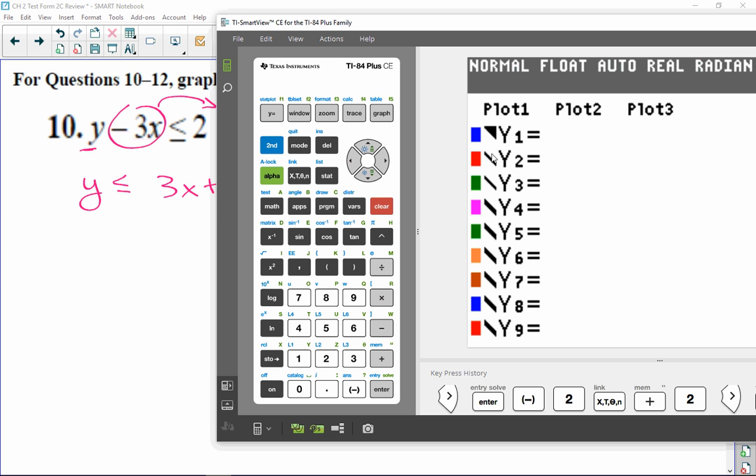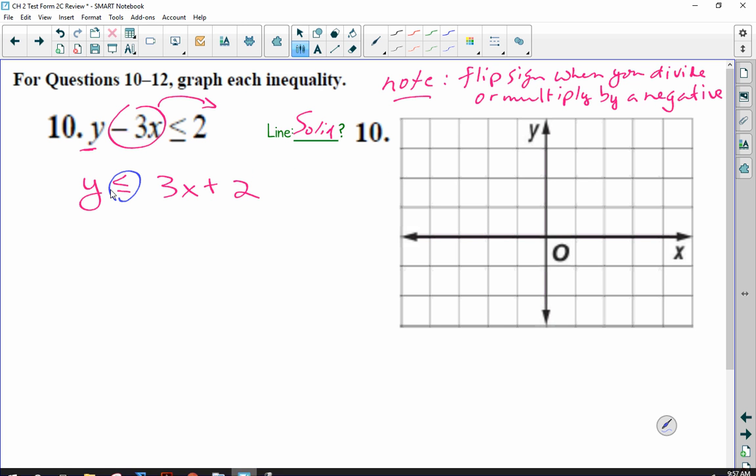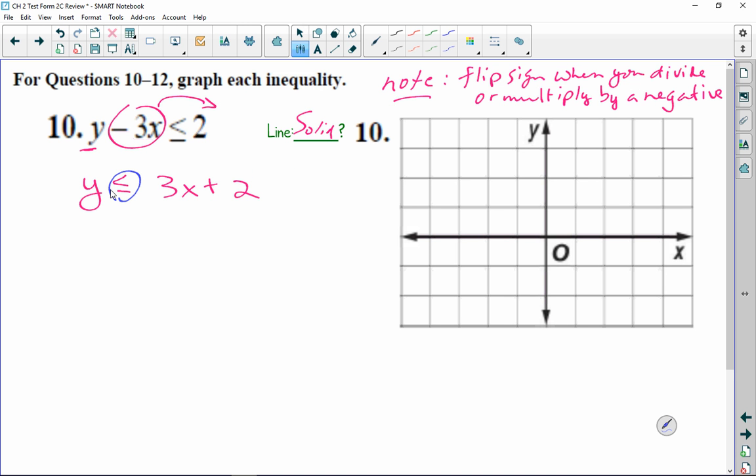The first thing you want to determine here is which way that sign is pointing. It's pointing to the y. Is everybody clear on that? So this is going to be a less than or equal to.